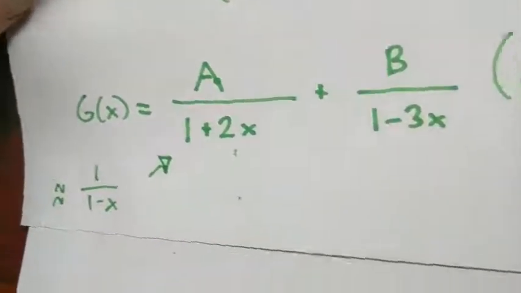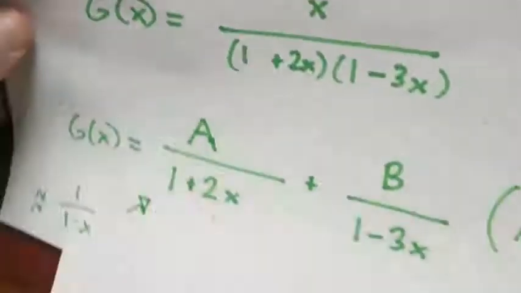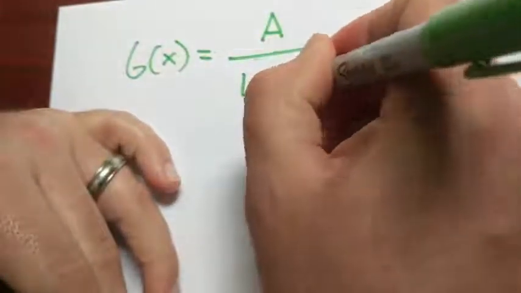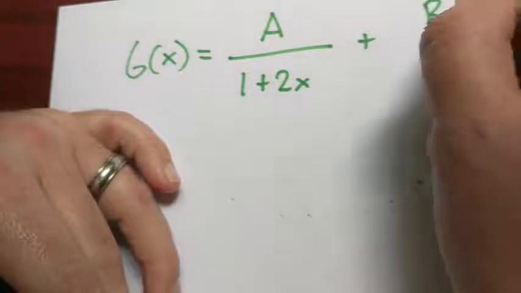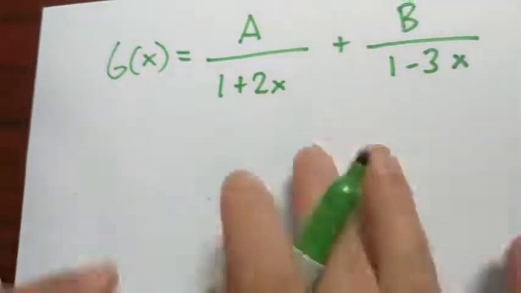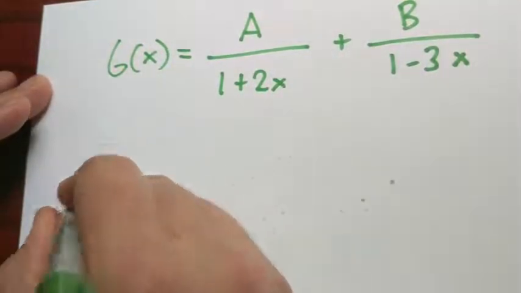So, we're trying to figure out what a and b are here. A quick review of partial fractions, and I'll do a longer one if we need it. If I got a common denominator, this would be equivalent to what I started with.